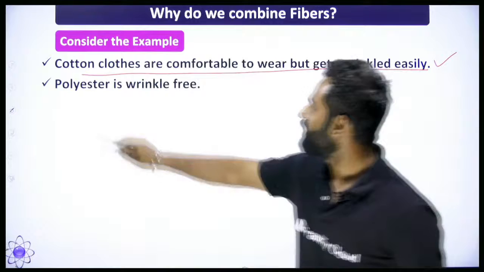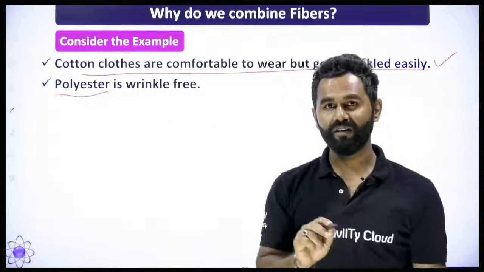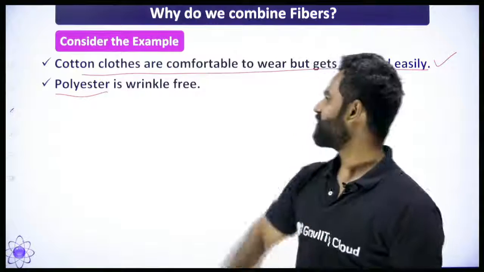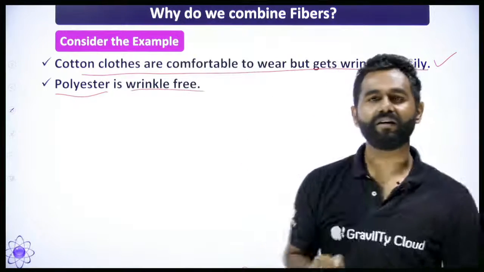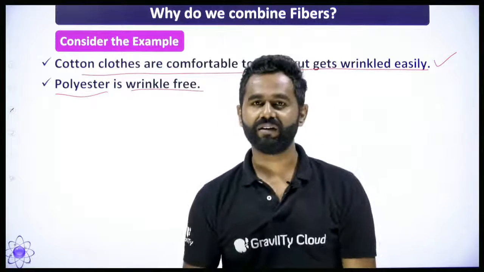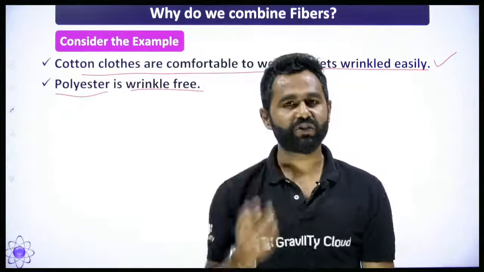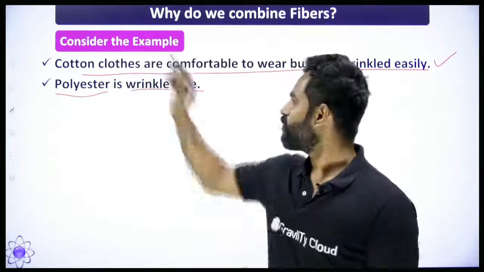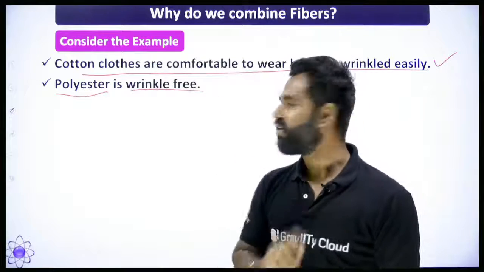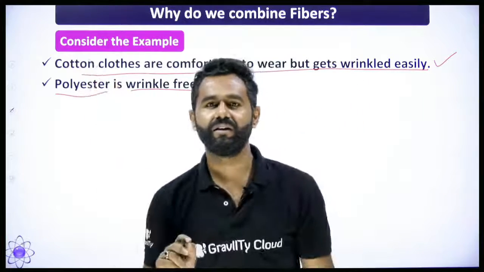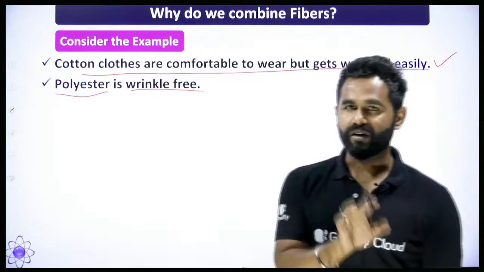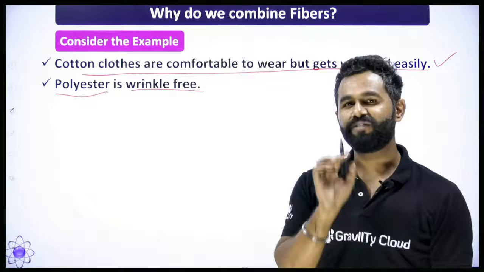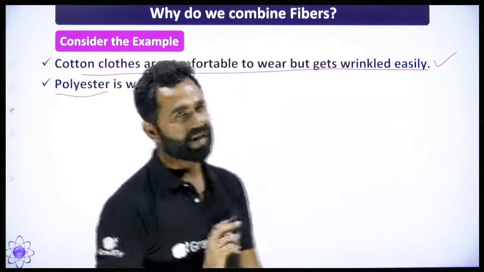But polyester is a totally wrinkle-free synthetic fiber, and cotton is a natural fiber. So what I will do is blend these two fibers. I will blend polyester with cotton. The final product which I will get will be very comfortable to wear, right?